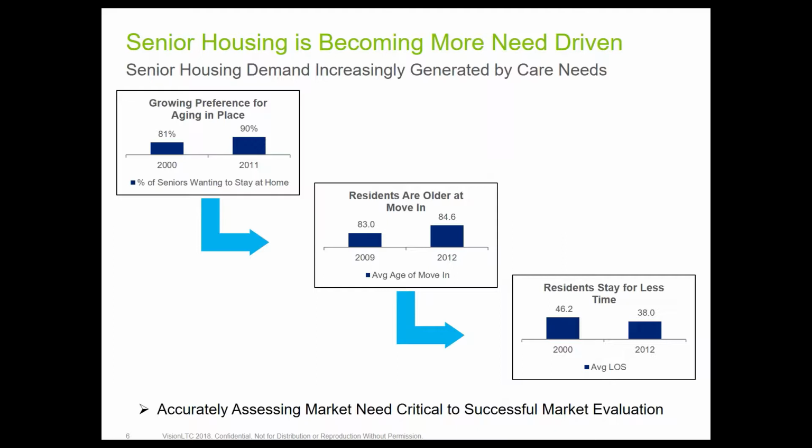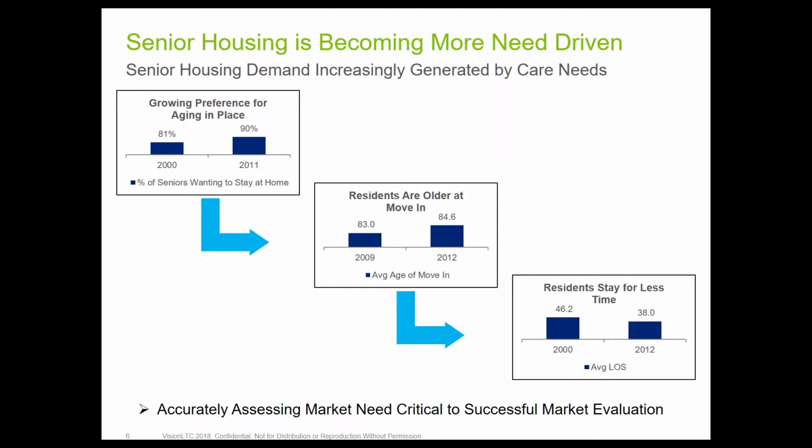Residents are older when they're moving in. We're seeing the age of initial entry into the senior housing care continuum increasing. And those residents coming into our communities have higher acuity, which results in a lower length of stay than in the past.